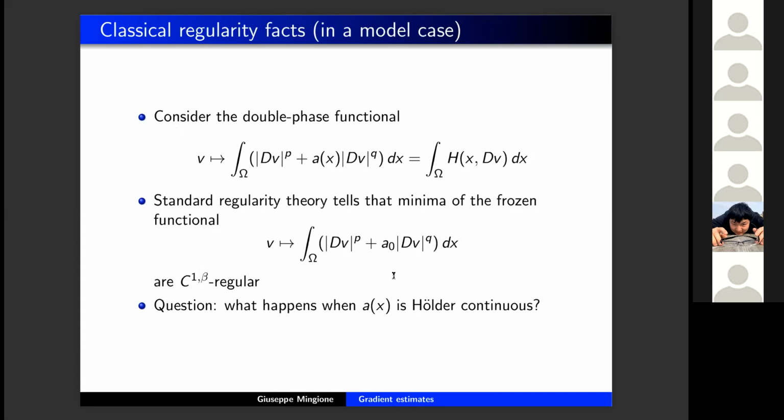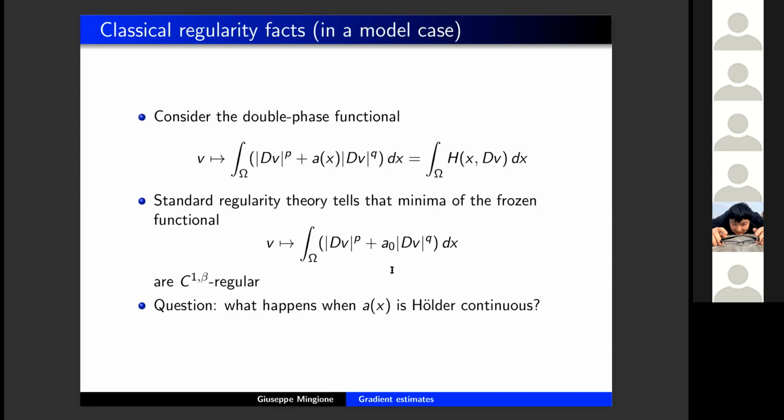If you want to go through the standard Schauder theory, you say, okay, I get just a constant here, and it's not very difficult to prove, at least in this special case, that minimizers of this functional are C^{1,β} regular. So the gradient is Hölder continuous. So whenever you fix a_0, and a_0 is a constant, minimizers enjoy that kind of regularity.